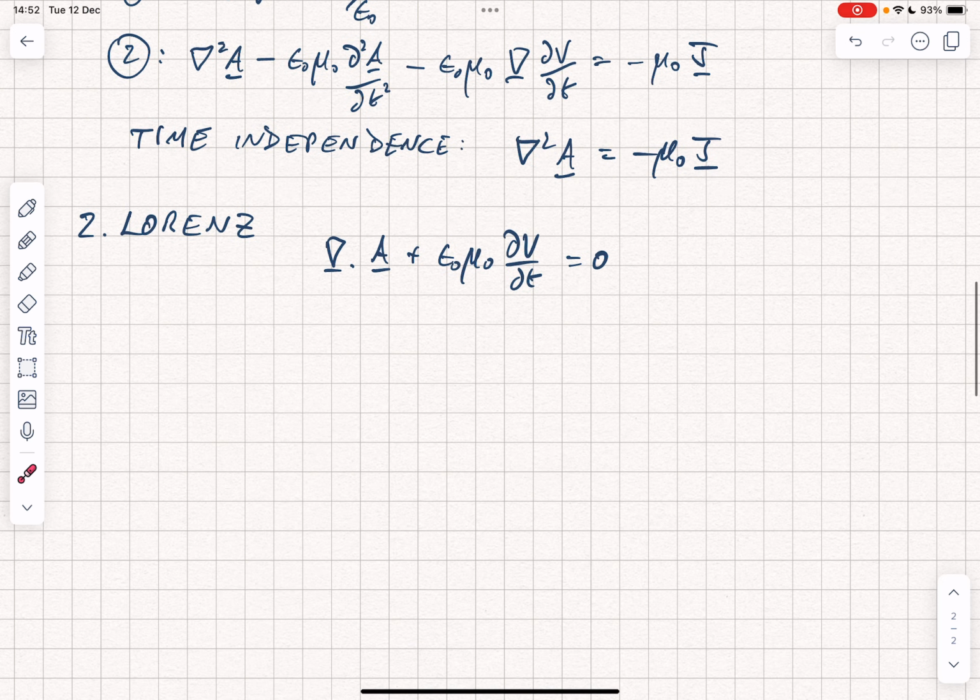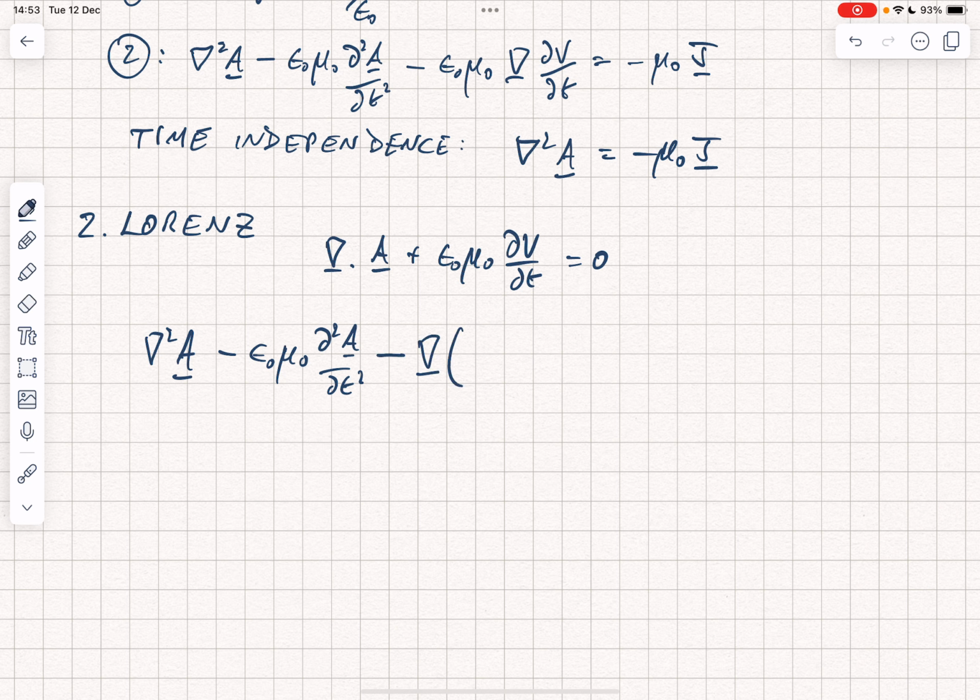So let's rewrite our equation for A. We have del squared A minus epsilon naught mu naught d2A by dt squared, and then minus the gradient of div A plus epsilon naught mu naught dV by dt, and that's equal to minus mu naught J.